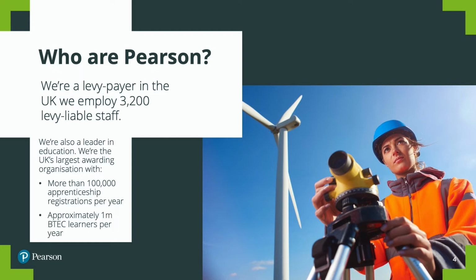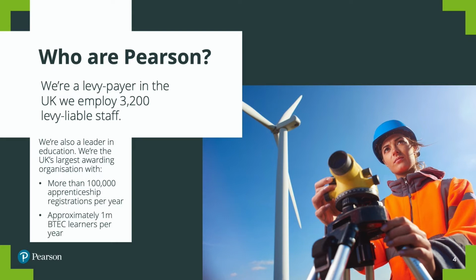We're also, by happy coincidence, a leader in education. We're the UK's largest awarding organisation. We have more than 100,000 apprenticeship registrations per year, and in addition to that, approximately 1 million BTEC learners per year. And I heard on a webinar yesterday that for all types of qualifications, we mark something in the region of 30 million assessments per year in our assessment processing centre in Hellaby in North Yorkshire.